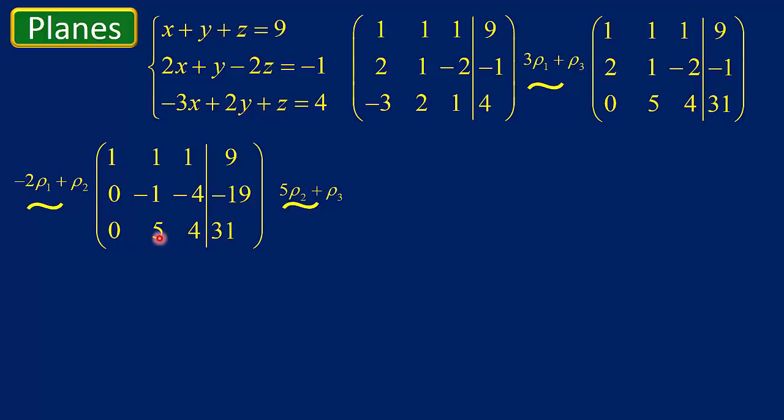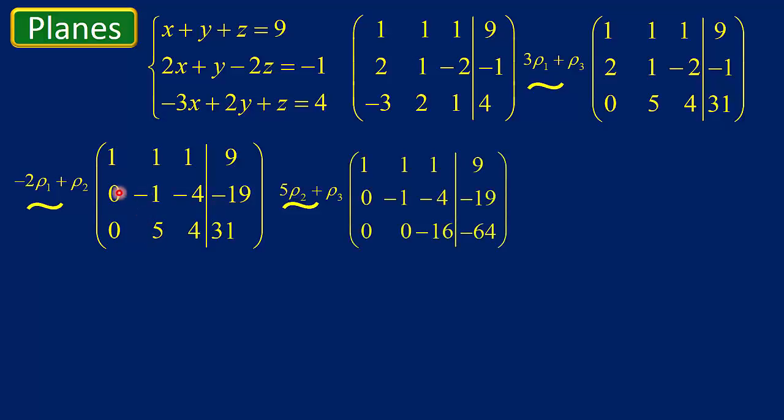Okay, so here we go. Now, I want to get rid of this one, so it seems like an obvious choice would be to multiply row 2 by 5, to get rid of that 5, and add to row 3. So let's see what happens. Now, 0 times 5 is not going to do anything. It's just going to give me 0. Negative 1 times 5 is negative 5, so add there and I get a 0. Bingo, that's what I wanted.